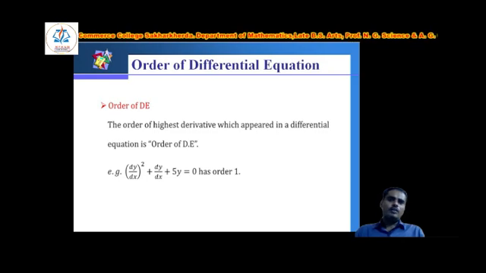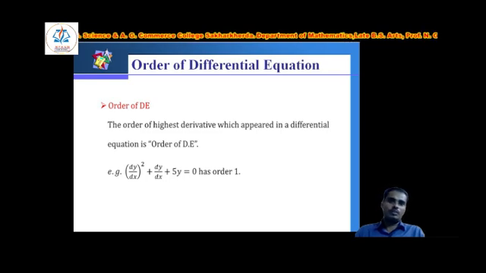Now the order of a differential equation. How to find the order of a differential equation? The order of the highest derivative which appeared in the differential equation means, in whatever differential equation, the highest order derivative term, its order is the order of the whole equation.